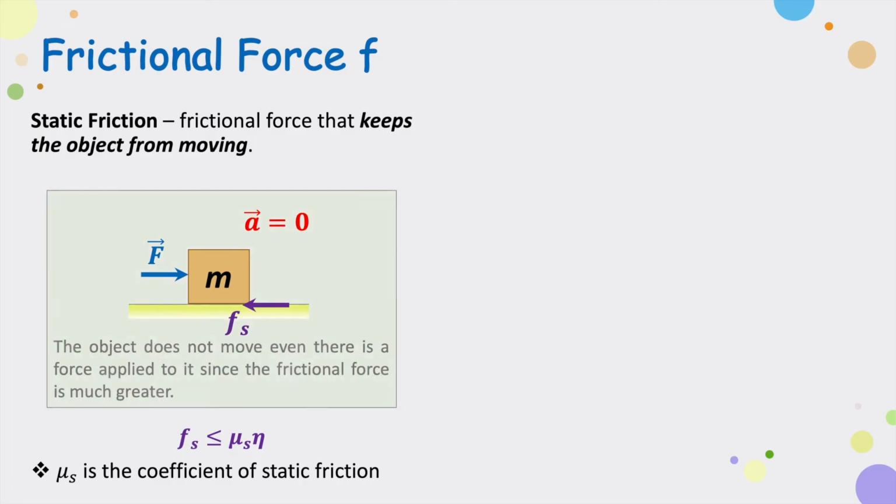So here, for this case, although there's an applied force, if you'll notice, the object is still at rest. So ang friction nga naa dira is what we call static friction. Static meaning to say at rest. So once ma-overcome niya, mudako ang applied force kumpara sa static friction, una in motion ang object.